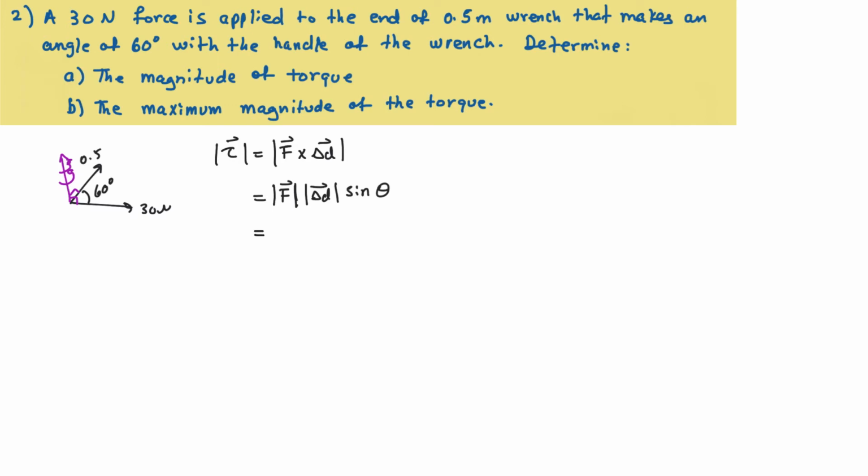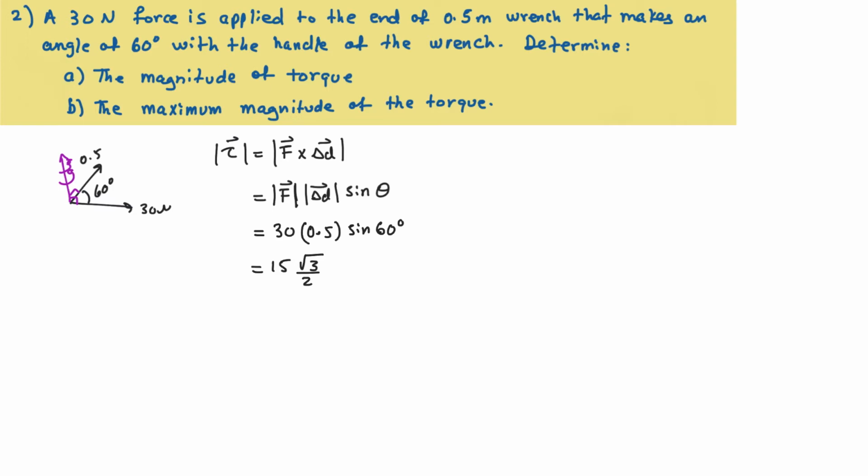The magnitude of the force is 30 newtons, the magnitude of the displacement is 0.5 meters, and the angle between the two is 60 degrees. If we multiply these together, 30 times 0.5 is 15, and sine of 60 is √3/2.